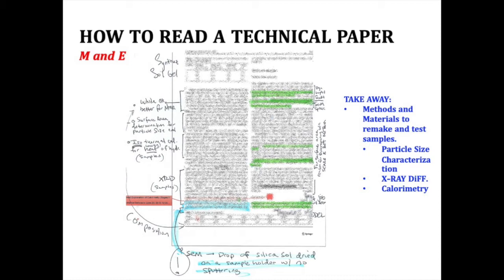And then from there, they get into calorimetry, which is the heat of hydration, not to be confused with the temperature of hydration, and that's going to be in milliwatts per gram. They do that because they want to look at the different phases of hydration, and looking at the heat of hydration, this calorimetry, especially when we look at isothermal, this change in energy, there's a lot of data that goes into the different peaks.